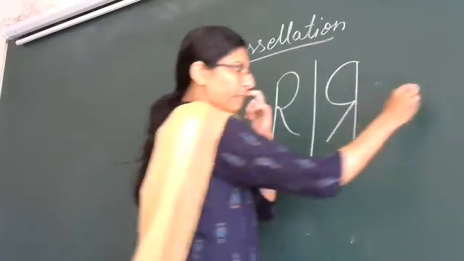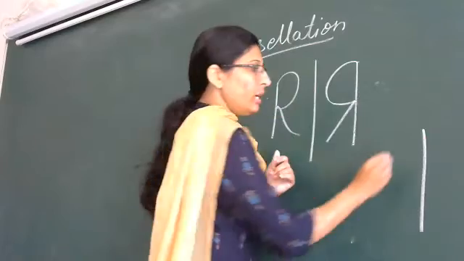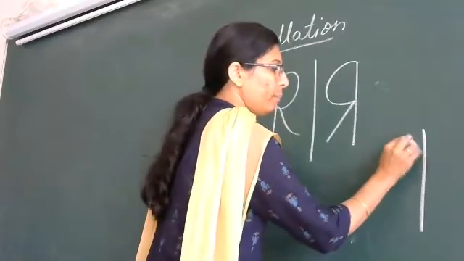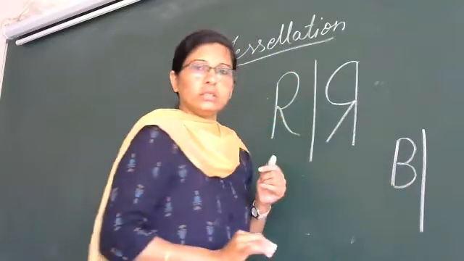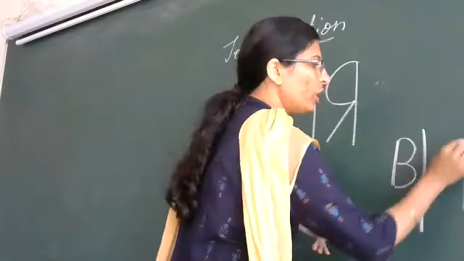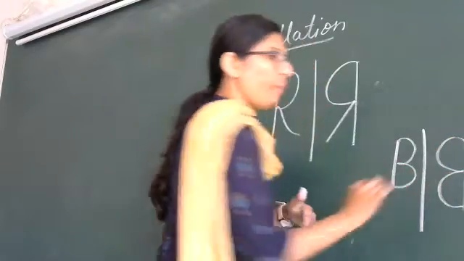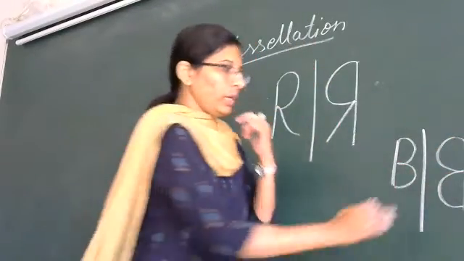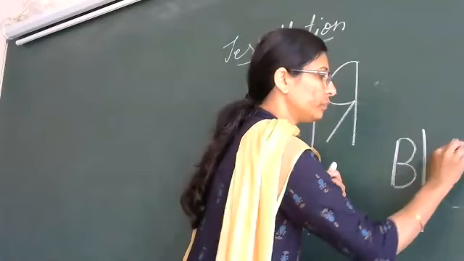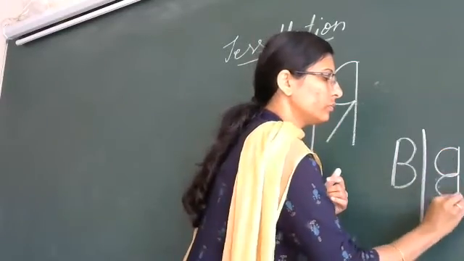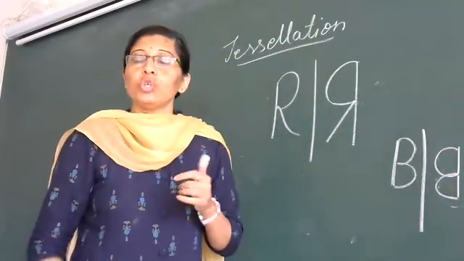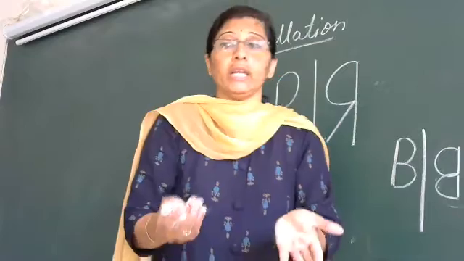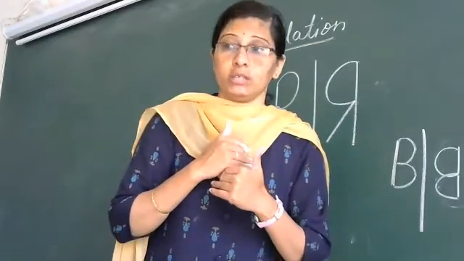If this is a mirror and I draw B here, in the mirror how will it look? It will look like this, opposite. Okay, it is opposite. Like this. So, whatever you see in the mirror, it is opposite.